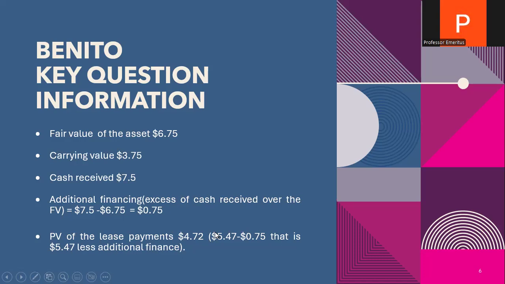But because within that amount, 0.75 shouldn't be classified as a lease liability, we're going to say 5.47 less 0.75, and that gives us 4.72 as the actual PV of the lease payments, or PV of the lease payable.